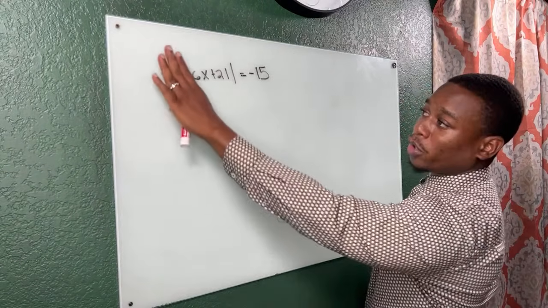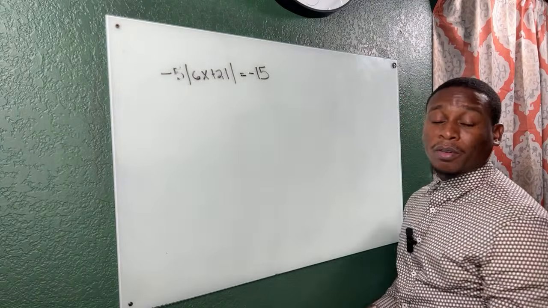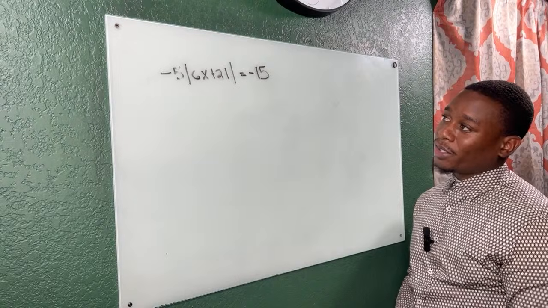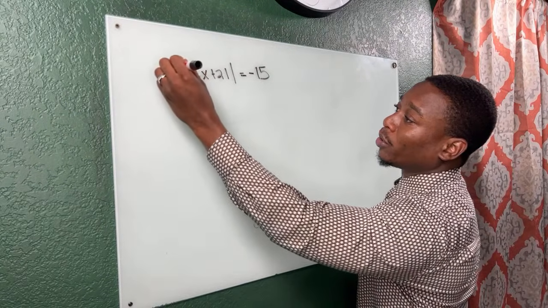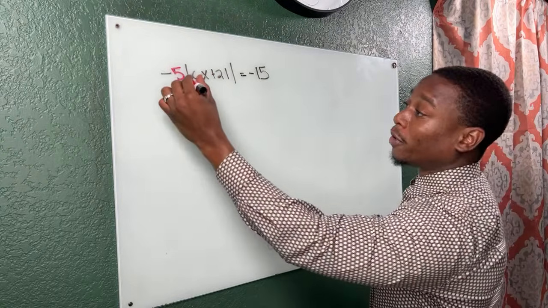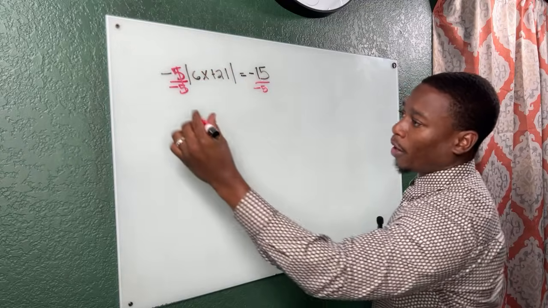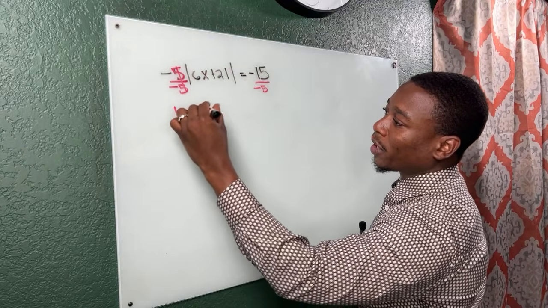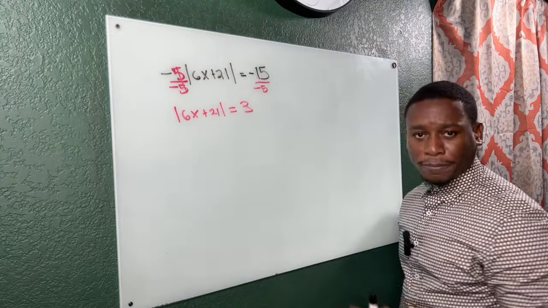So if this was just like this, we would put no solution because we can't take the absolute value of a negative number. It has to be positive. However, when we have absolute value, the biggest thing we need to do is to get the absolute value by itself. So I'm going to divide by -5. All right, so now the absolute value of 6x plus 21 is equal to +3.